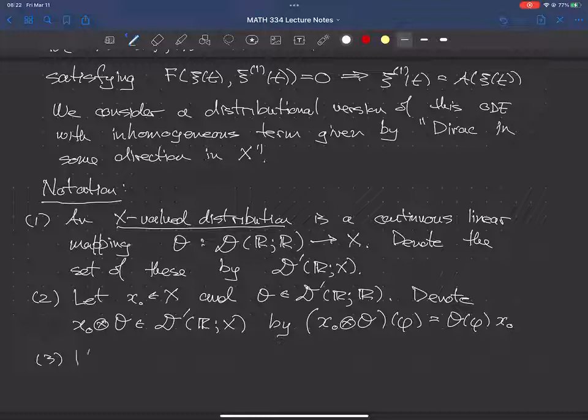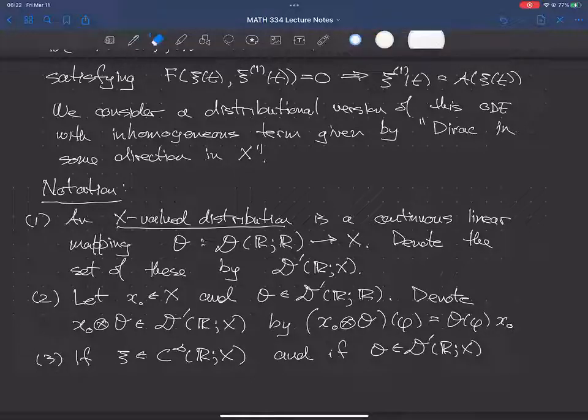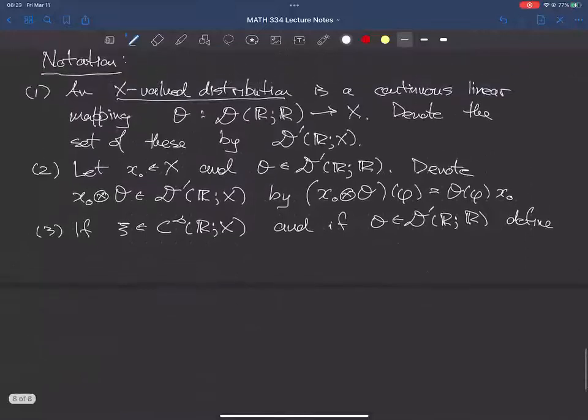If C is a C infinity mapping from R into X, and theta is again an arbitrary distribution, sorry, a scalar distribution, we're going to define another tensor-y thing.